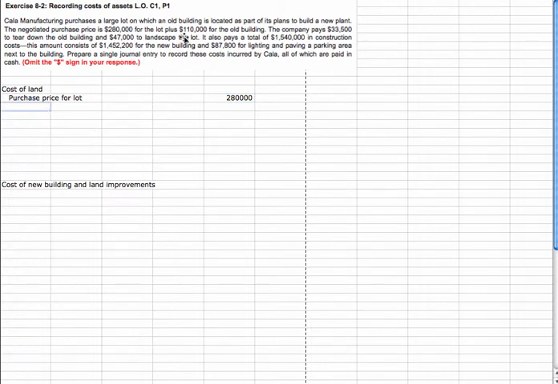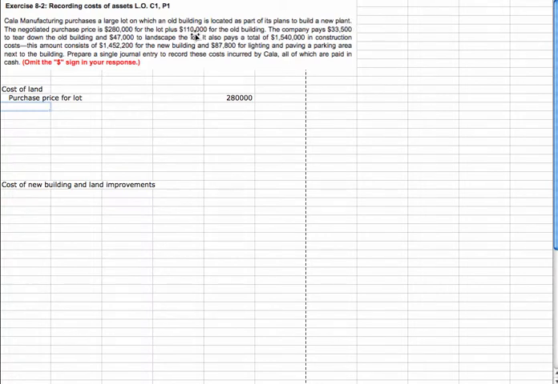Now, what do we do with this $110,000 for the old building? Now, if we were going to use the old building, the $110,000 for the old building would have been a cost for the building. However, because our plans are to tear this building down, its intended use is not the old building, but we have to prepare the lot so that it can be used for its intended use, which is to build a new plant.